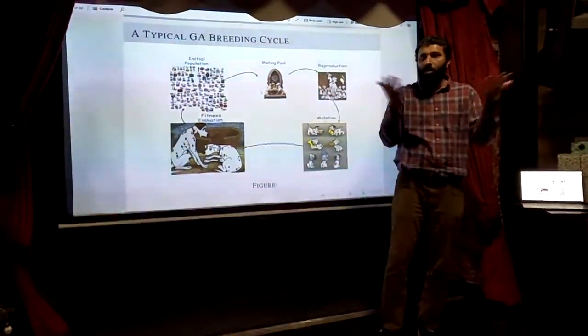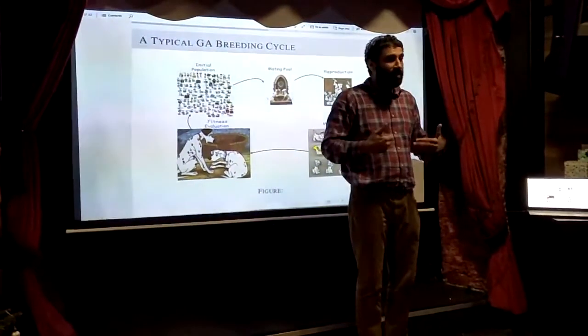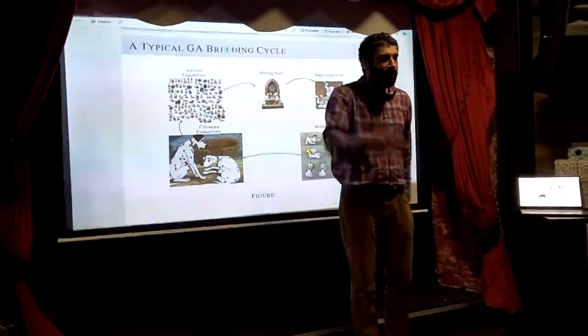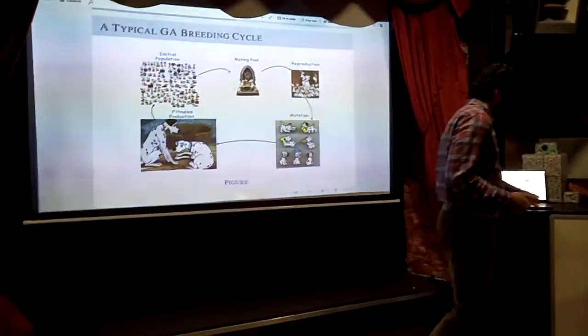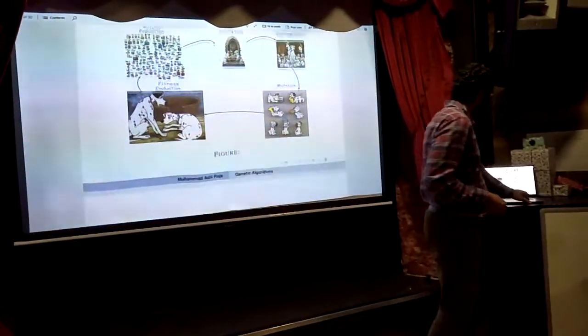We create a whole new population and see how fit or good or bad they are. Good ones are kept, bad ones are thrown away, and we have completed one generation of the evolutionary algorithm.